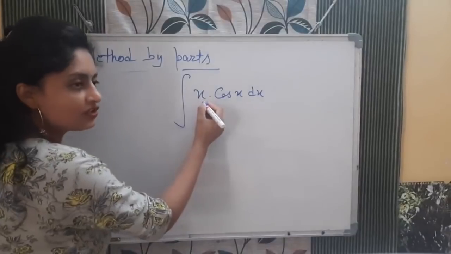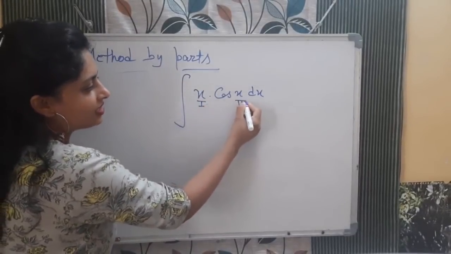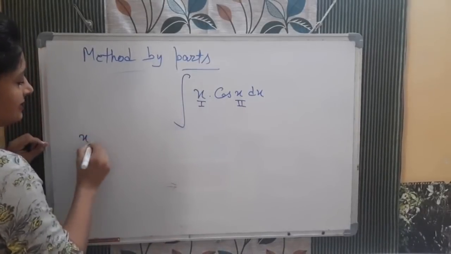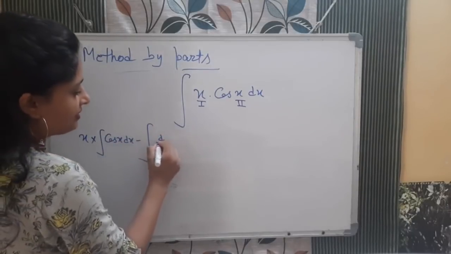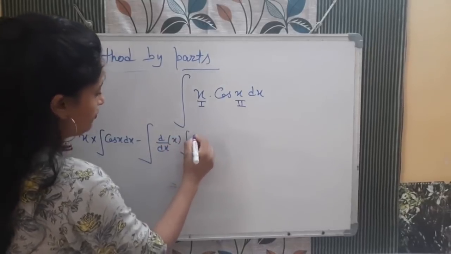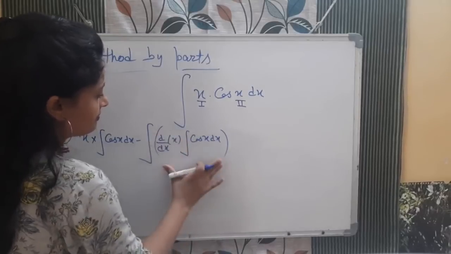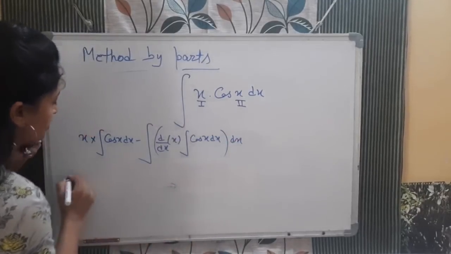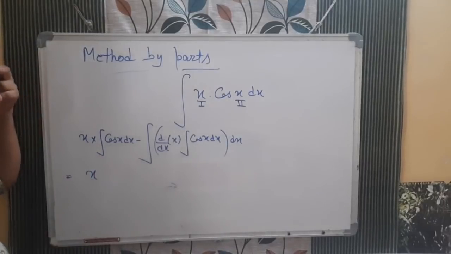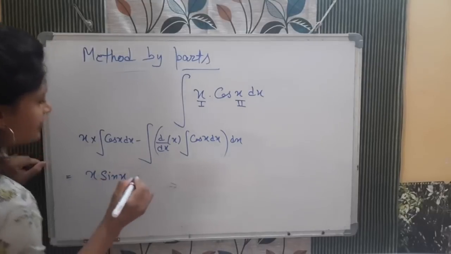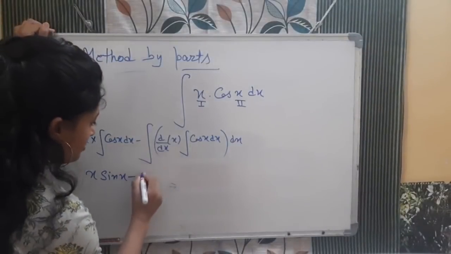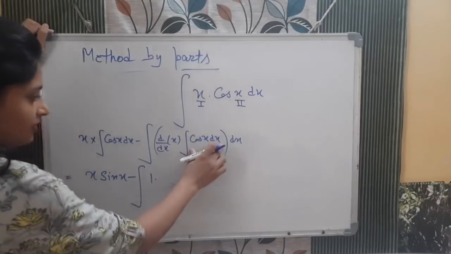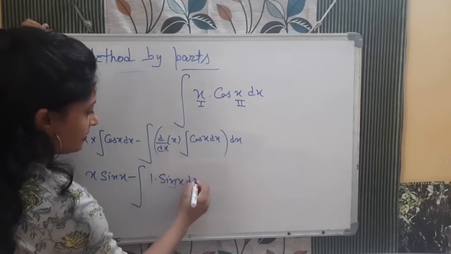So what we will do, the differentiation of x will be 1, so we are considering it first, and we are considering cos x second. Now do first as it is, x as it is, into integration of second, integration of cos x dx, minus integration of differentiation of first into integration of second, and all this is inside this integration dx. Okay, how will you do it? Now see, bacha, x into integration of cos x, what did we tell you, sin x. Everyone knows sin x. The differentiation of cos x is minus sin x, but the integration of cos x is plus sin x. So sin x minus this integration. Now the differentiation of x will be 1, into its integration, which we have just done, sin x dx. Okay, this has come.